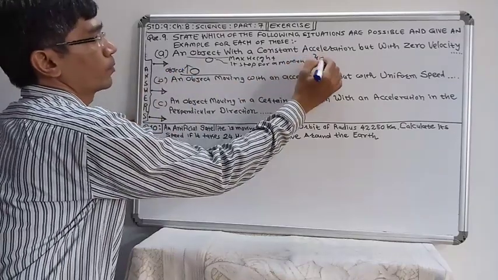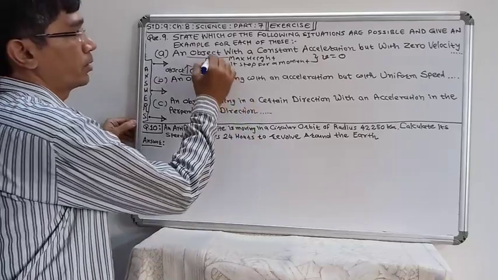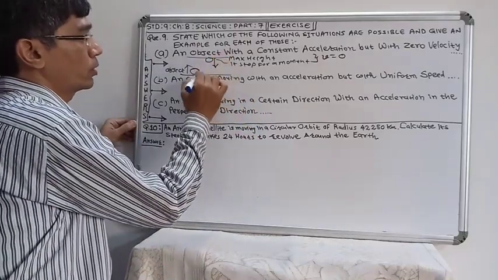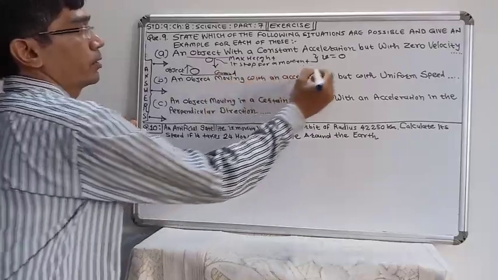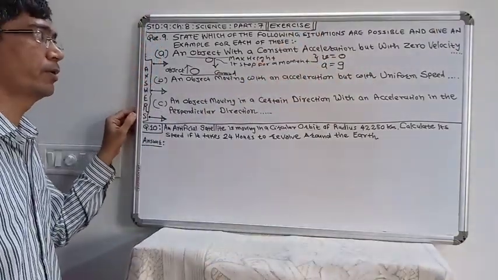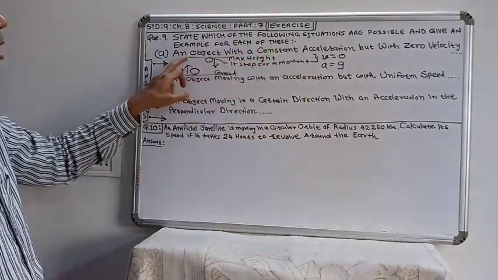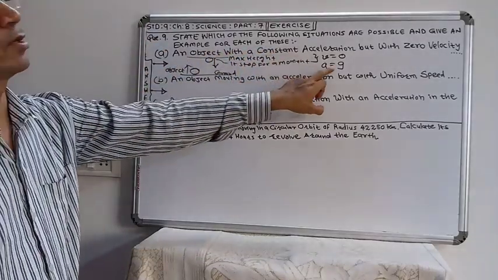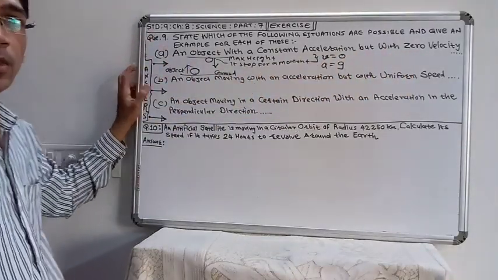At that time the velocity is 0 but the acceleration is towards the ground, towards the earth, and the acceleration is equal to the acceleration due to gravity. So in this case the acceleration is constant. An object with constant acceleration equal to g but with zero velocity. This is one example.